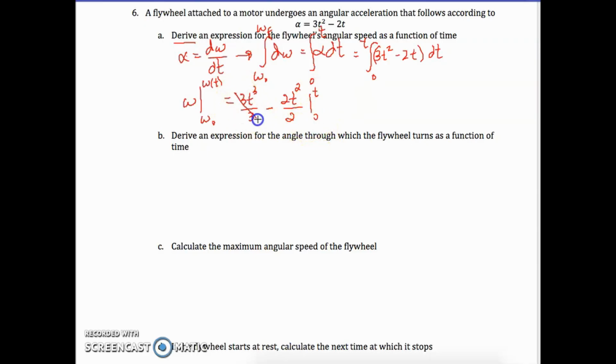Now I've chosen the coefficients so that they disappear. And the left side becomes top minus bottom when we substitute them in for a variable. And then the right side of the equation becomes t cubed minus t squared. And then when we plug in the lower limit, 0, for both of these, that is 0. So we don't need to write that.